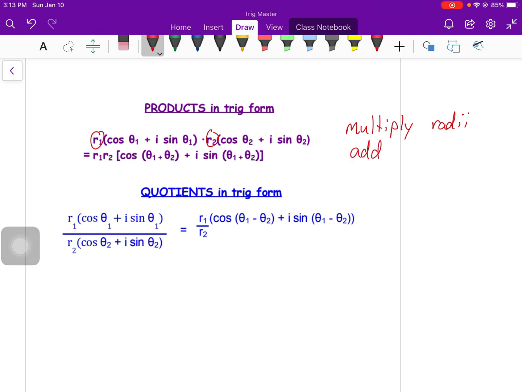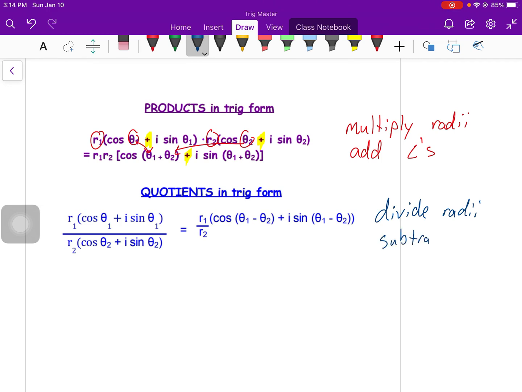And then you are going to add the angles. So take theta 1 and theta 2, you put them together in each part. This plus sign is always going to be that plus sign. All right. With quotients, you are going to divide the radii and you are going to subtract the angles.